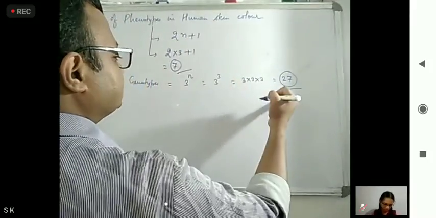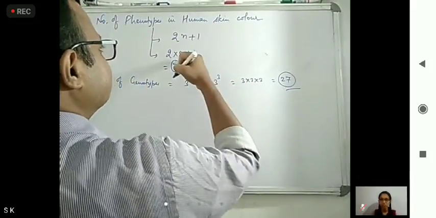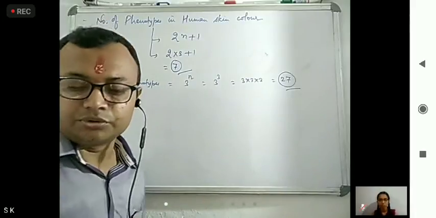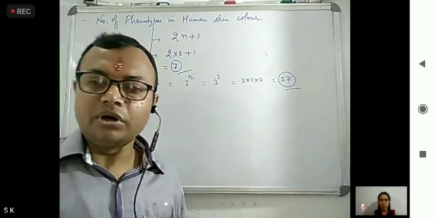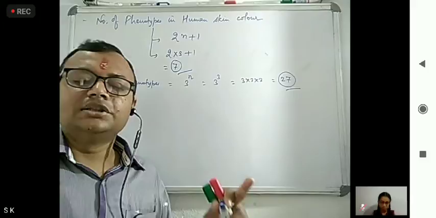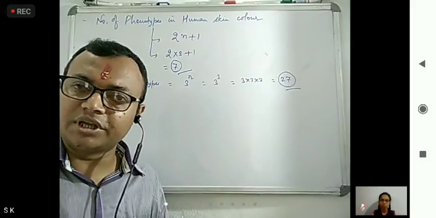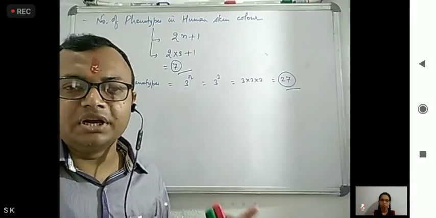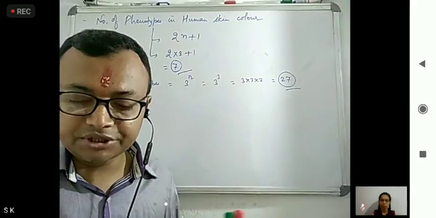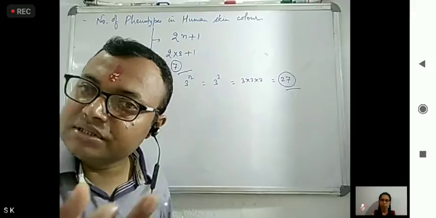So 27 types of genotypes and 7 types of phenotypes. So we are telling that the presence of melanin pigment is responsible for human skin color.